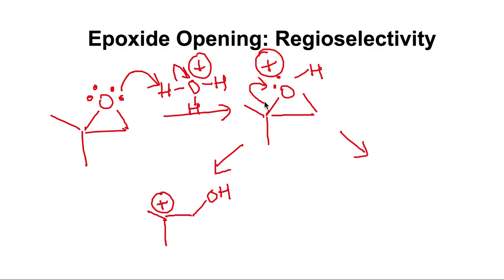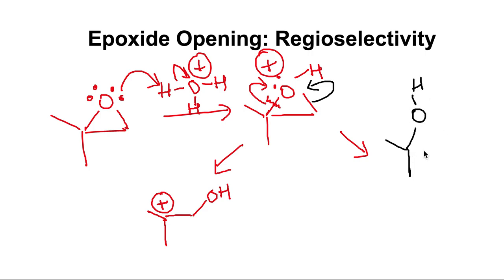Okay, so if the epoxide opens, breaking that bond right there, what will result is this molecule that will give us a tertiary carbocation. Now, if on the other side the bond that breaks is that one right there, what we will get is a different carbocation.